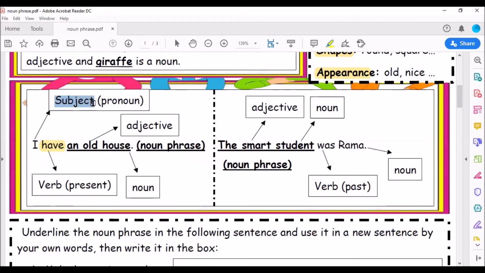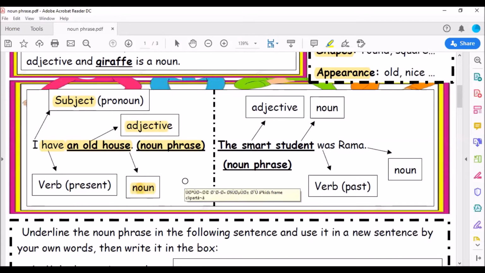A subject. This is nice. And this subject is a pronoun. It's not a noun, it's a pronoun. And we know pronouns like I, he, she, you, they, right? Here, an old house. This is what? The noun phrase. How did I know it? Because it has one adjective, which is old, and it has one noun, which is house.